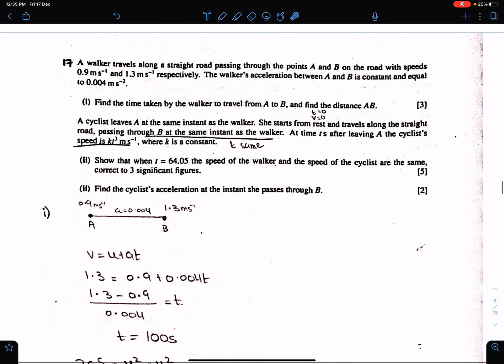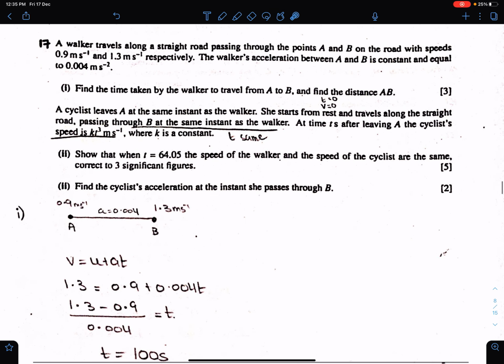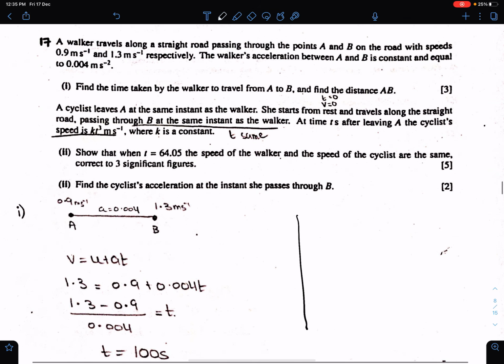Next question. This is the last question of this lecture. A walker travels along a straight road passing through the points A and B on the road with speeds 0.9 and 1.3. So let's suppose this is the sketch of this motion.